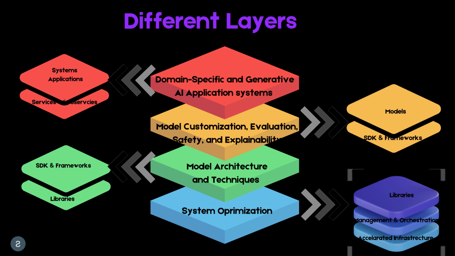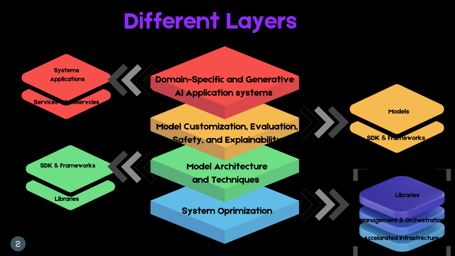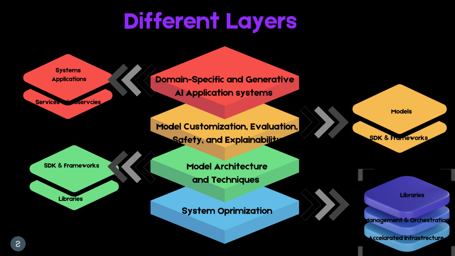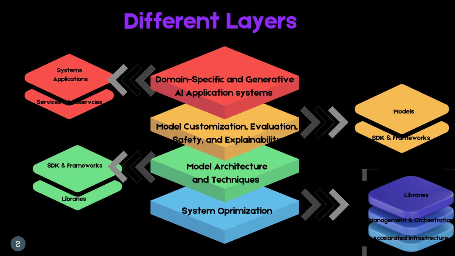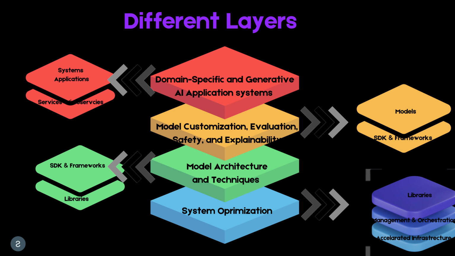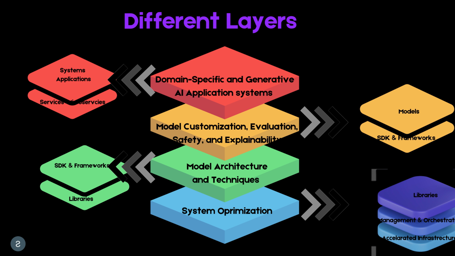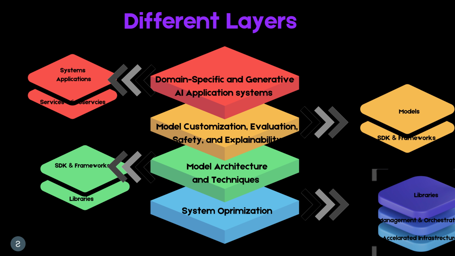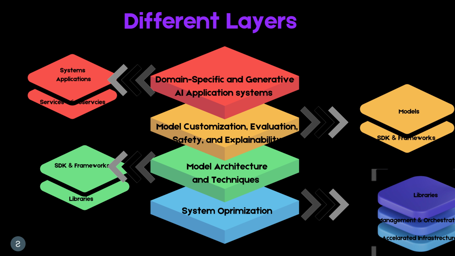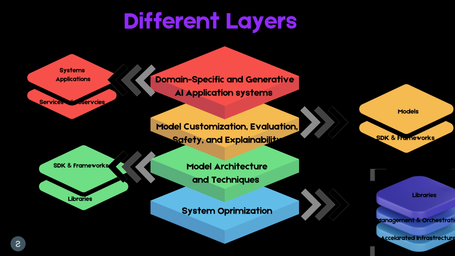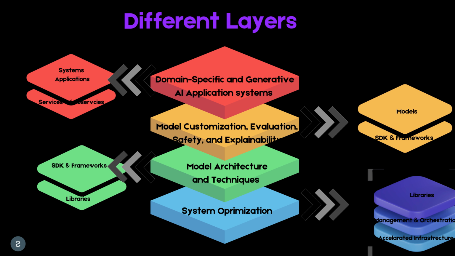The top layer is the domain specific and generative AI application system. It has two sublayers: systems and applications, as well as services and microservices. The next layer is model customization, evaluation, safety, and explainability, which has two sublayers called models and SDK and framework. These also sometimes overlap with the microservices.